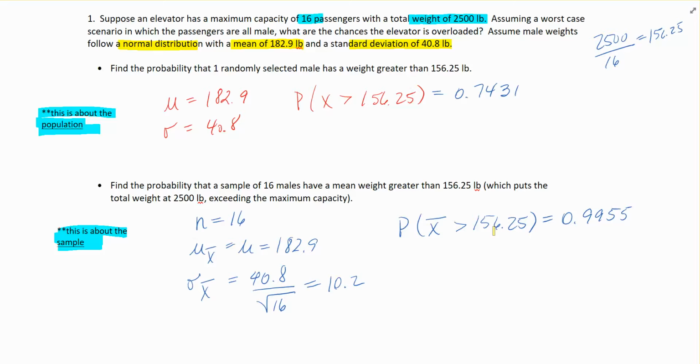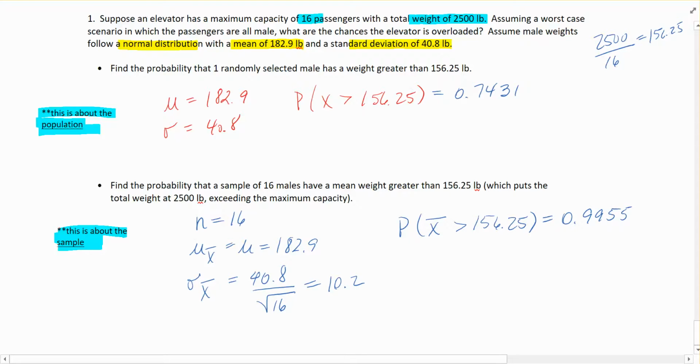Some guys might weigh more than 156, some might weigh less, but their average weight 99% of the time is going to be greater than 156.25, and therefore we have a problem for the maximum capacity in our elevator. So think about that next time you're standing there looking at an elevator and all of a sudden the doors open up, and for some reason 16 men are all standing there on the elevator. You might want to reconsider whether you get on.